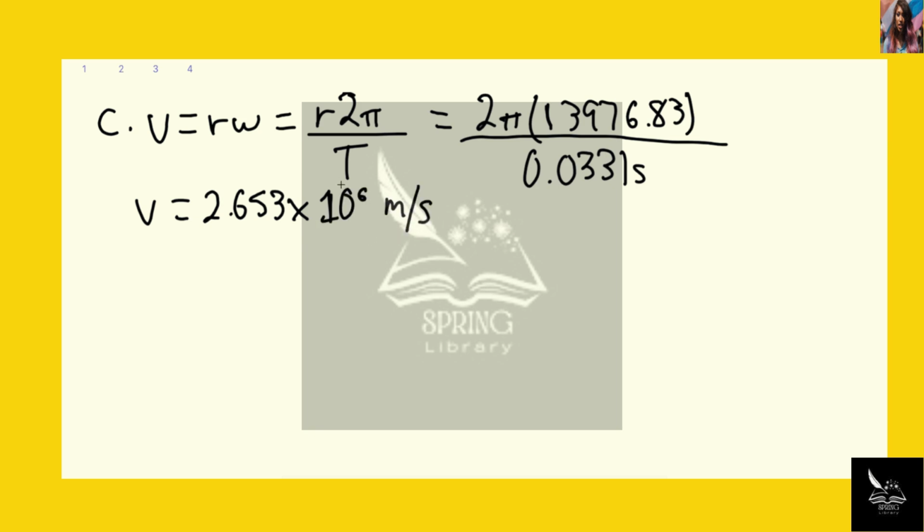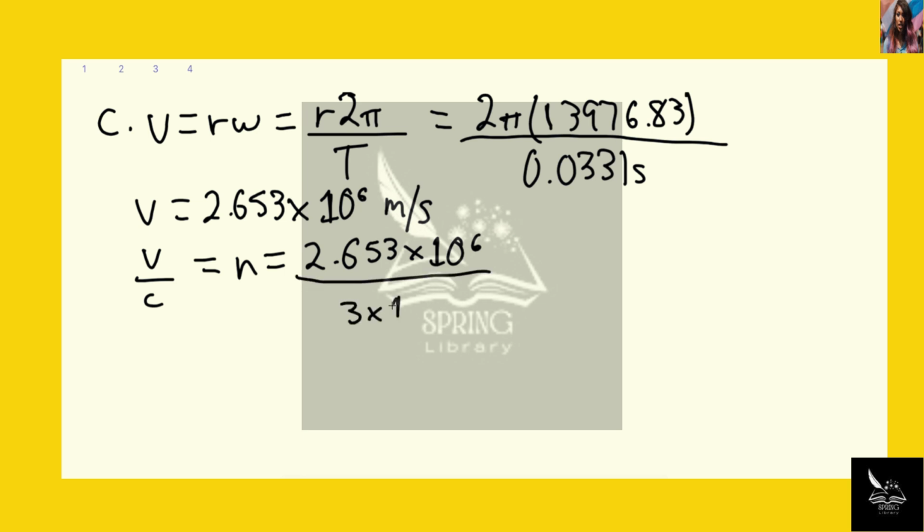At this point, we can see how this relates to the speed of light. So v over c is going to be n, and this is going to be 2.653 times 10 to the 6th divided by 3 times 10 to the 8th, being the speed of light.